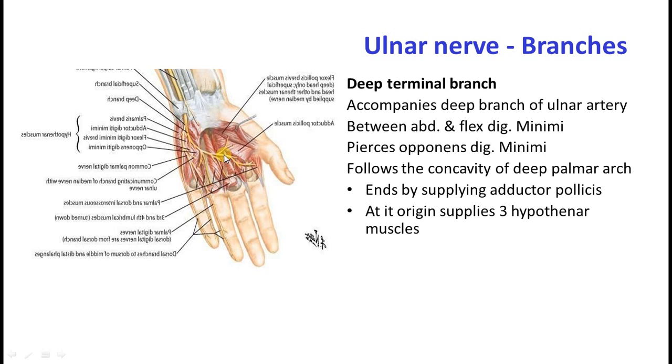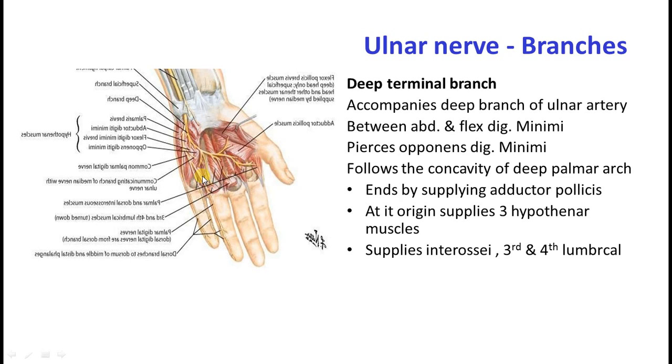Mainly it supplies the three hypothenar muscles, then the adductor pollicis muscle, then 4 palmar interossei, 4 dorsal interossei and also the medial 2 lumbricals, the deep branch. So almost it supplies around 16 muscles in the hand.